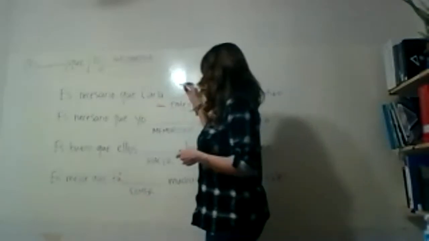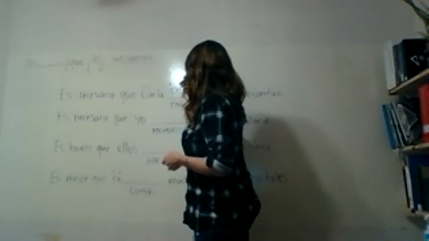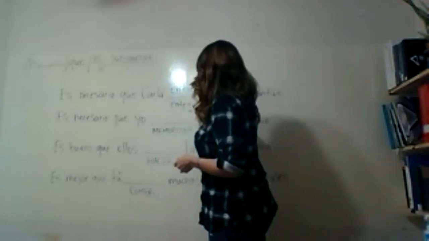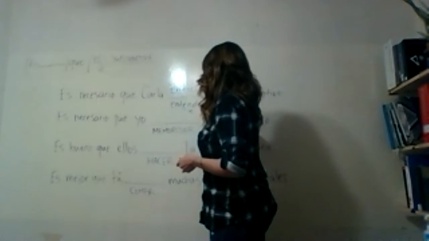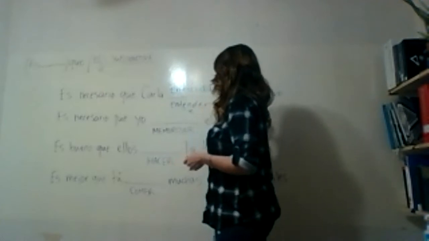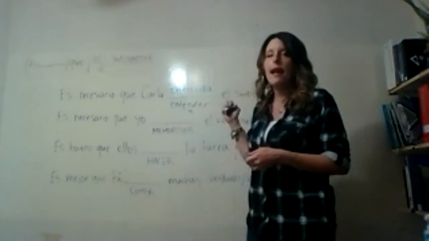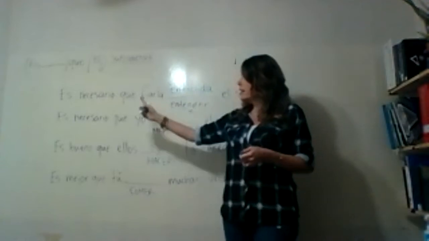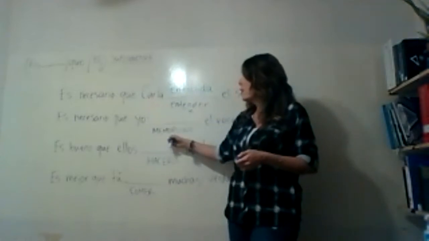And so we would do it like this: E-N-T-I-E, accounting for that E to IE stem change, N-D, and then my subjunctive ending, A: entienda. Without caring what the sentence means for right now, we're going to go on to the next one.